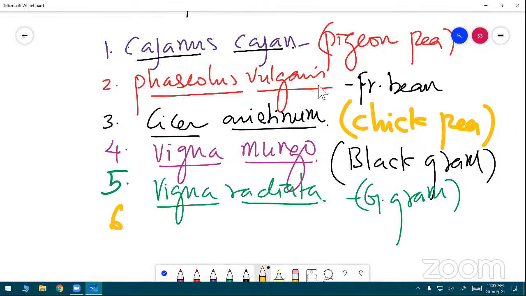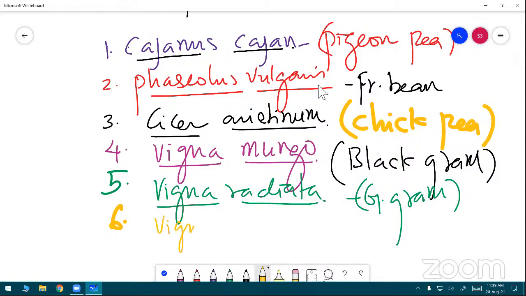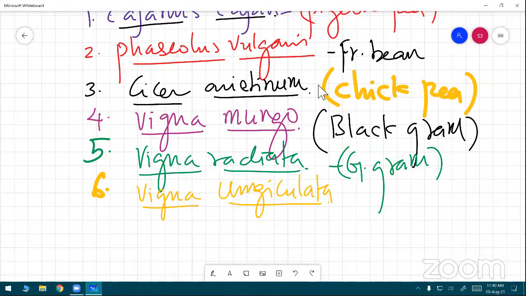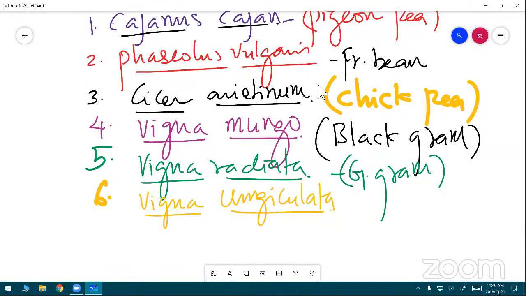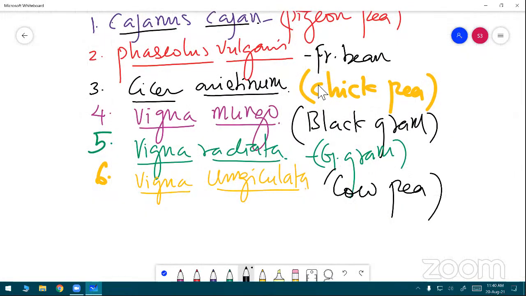The sixth one is Vigna unguiculata. It is one of the pulses, called cowpea in English, and in Tamil it is also known as tatai pair or tadini.